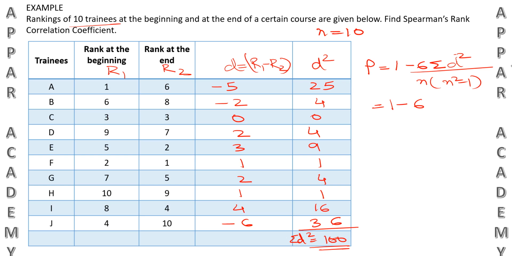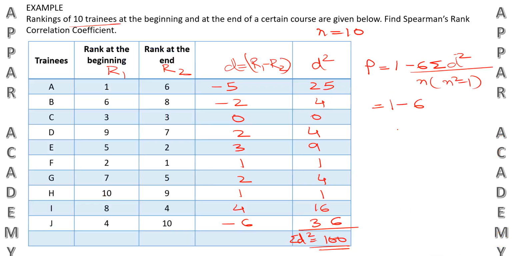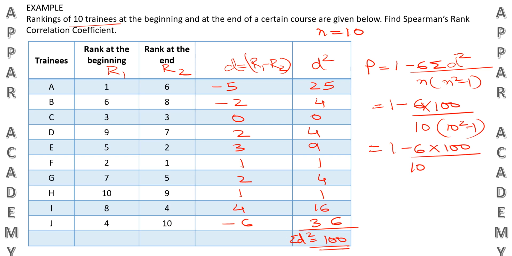Now we'll put it in the formula. So 1 minus 6 into summation d square means 100 upon n, which is 10, into 10 square minus 1. Right? So this is equal to 1 minus 6 into 100 upon 10 into 10 square is 100 into 99. This cancels out.